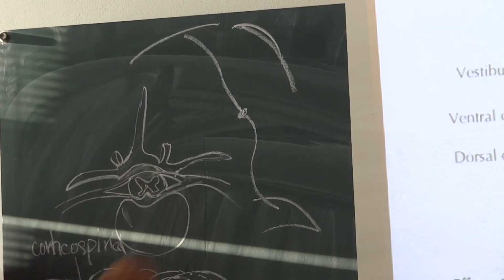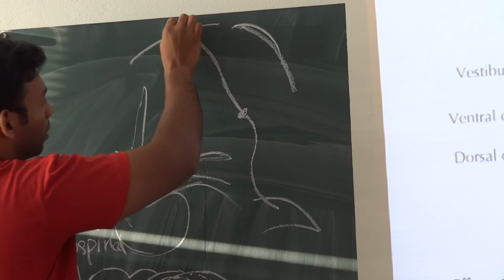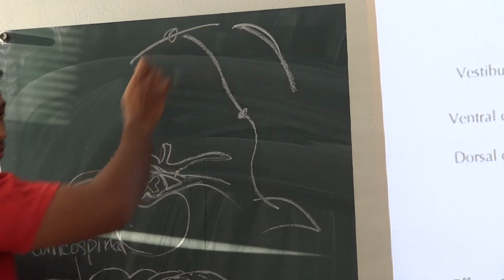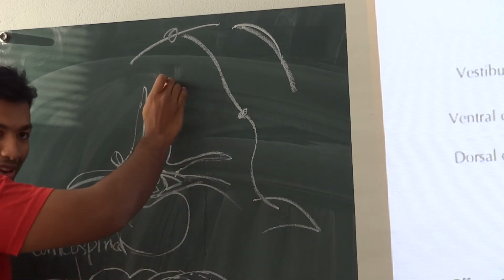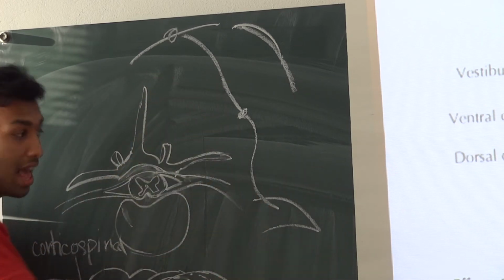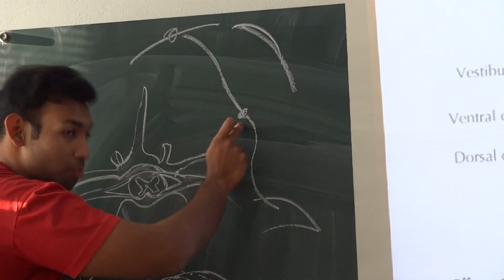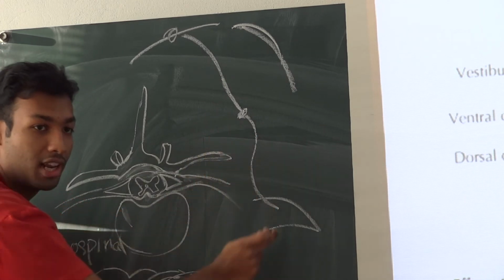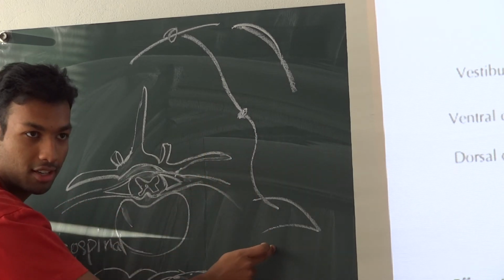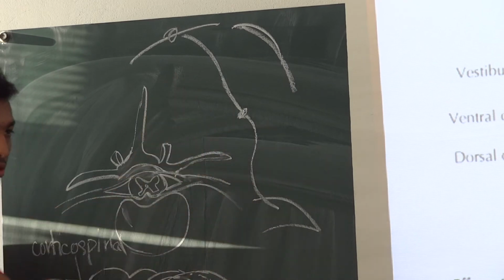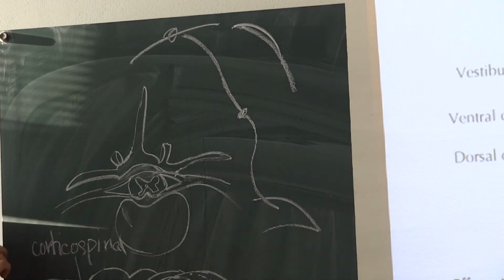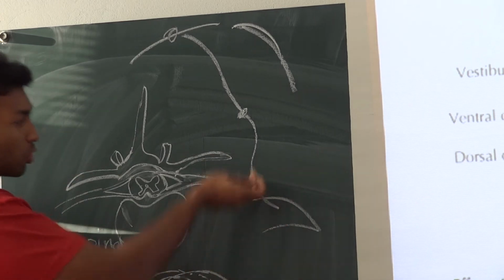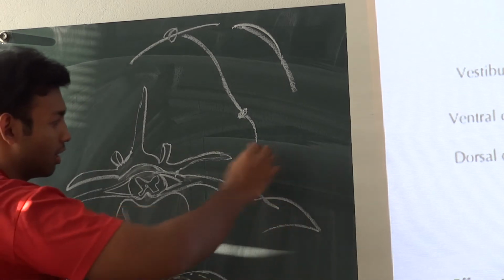Okay? So, the right part of your brain controls the left tongue. The right part of your brain controls the left part of your tongue. At the same time, the left part of your brainstem controls the left part of your tongue. Understand? And it's the same with all the others, except for the trochlear. Okay? Trochlear is interesting because trochlear is the other way around. Trochlear controls what?